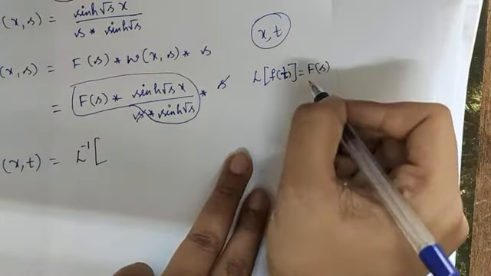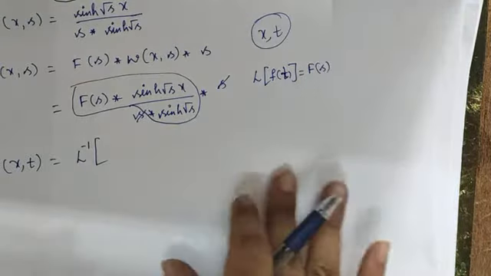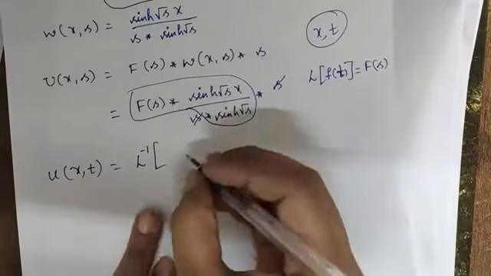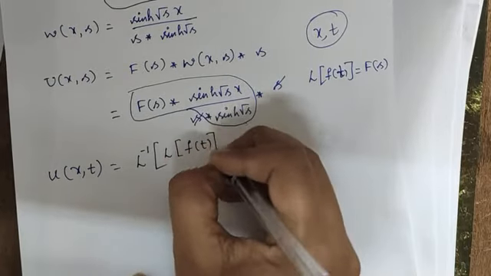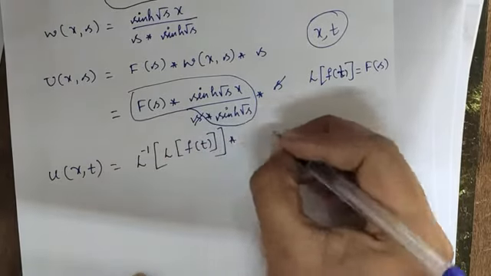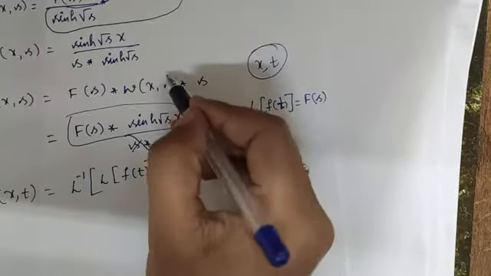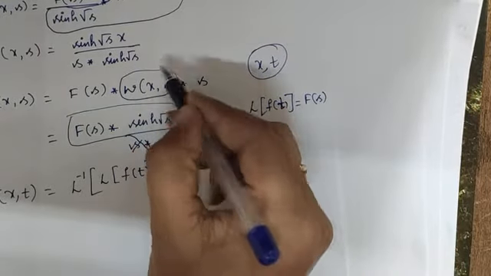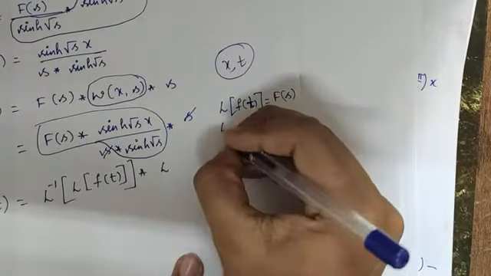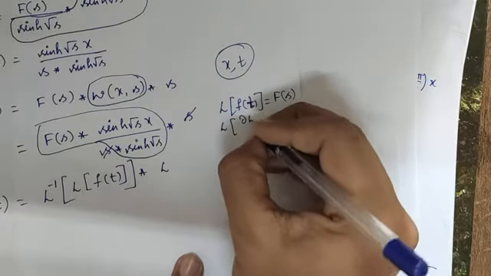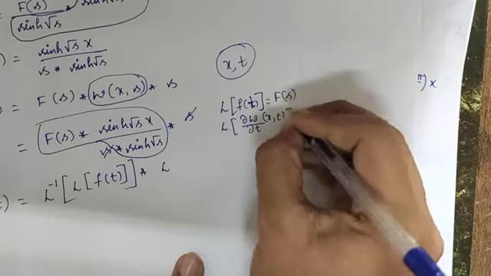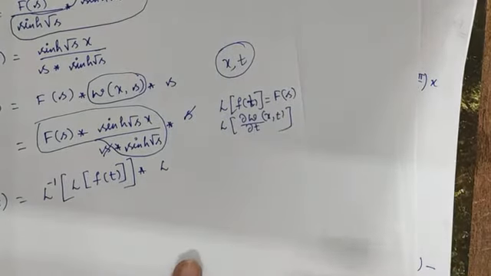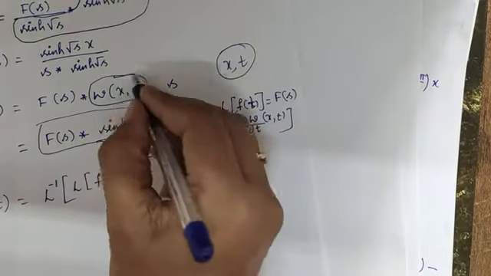So I am applying Laplace inverse to F of s, meaning I can write this as Laplace inverse of Laplace of f of t into Laplace of dou omega by dou t of x comma t. Consider this whole term.